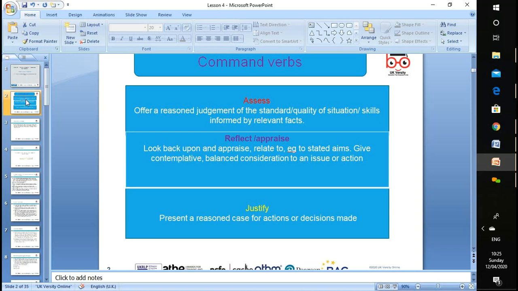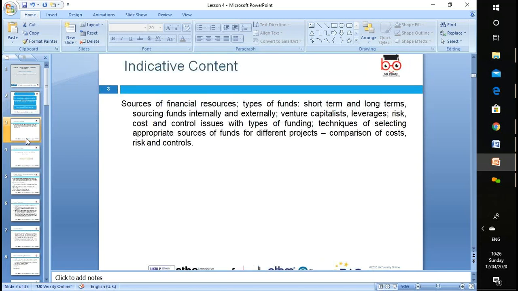Reflect means look back upon and appraise, relate stated aims, and give balanced consideration to issues or actions: why we are using this source of finance rather than others. And justify means present the reasons for action: why I want to go for short term, why I want to go for an overdraft instead of a bank loan, and which different sources of finance I will choose. So all this we'll discuss.